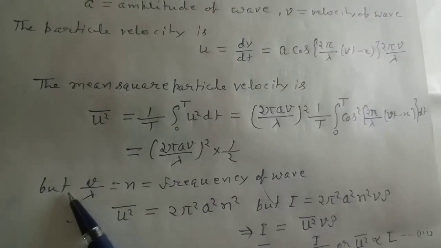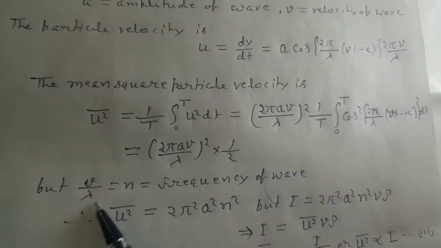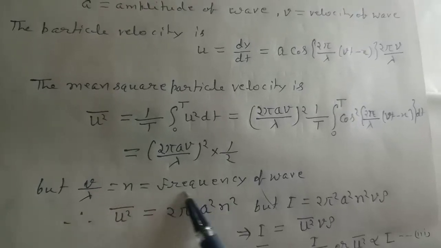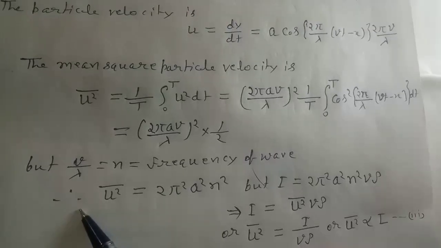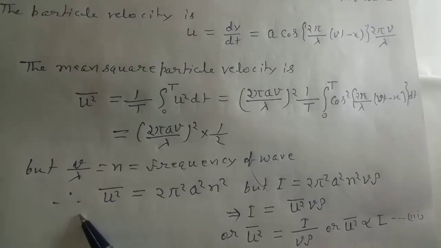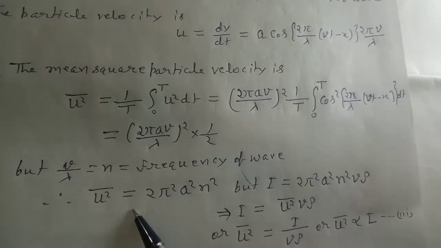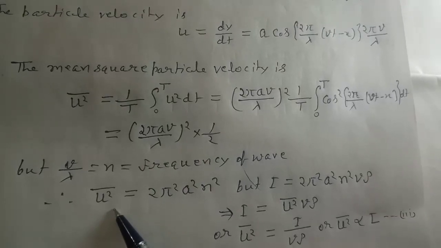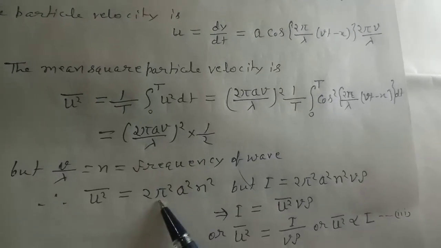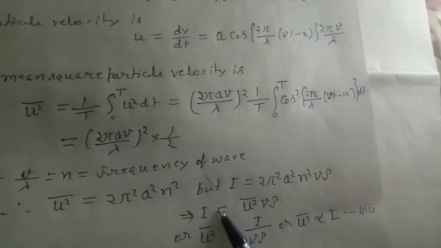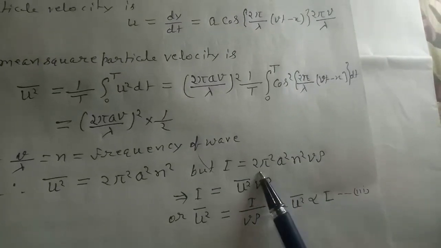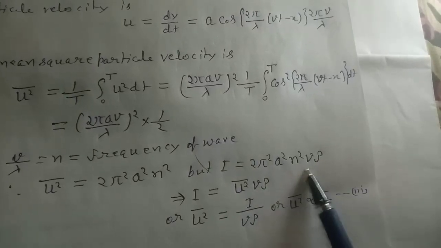But you know v/λ equals n, which is the frequency of the wave. So we have U² bar, that is the mean square velocity, equals 2π² a² n². But we know that the intensity of the wave is given by 2π² a² n² v rho.